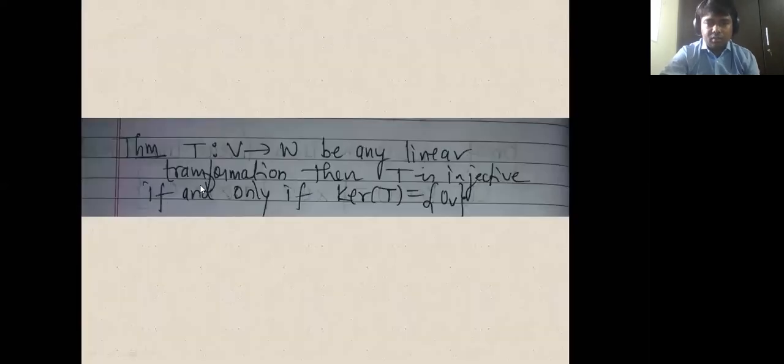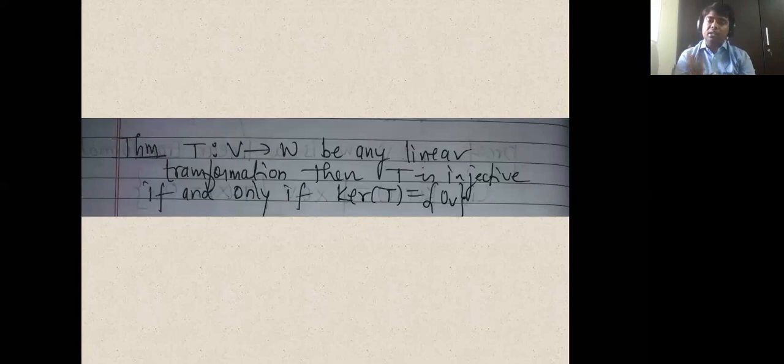This will be the first theorem for tomorrow's lecture. Kernel T is injective if and only if kernel T is the singleton 0. Means if you find kernel T is equal to singleton 0, then that mapping T will be injective. Means we will not try to apply the definition of injective, but we will only find the kernel.